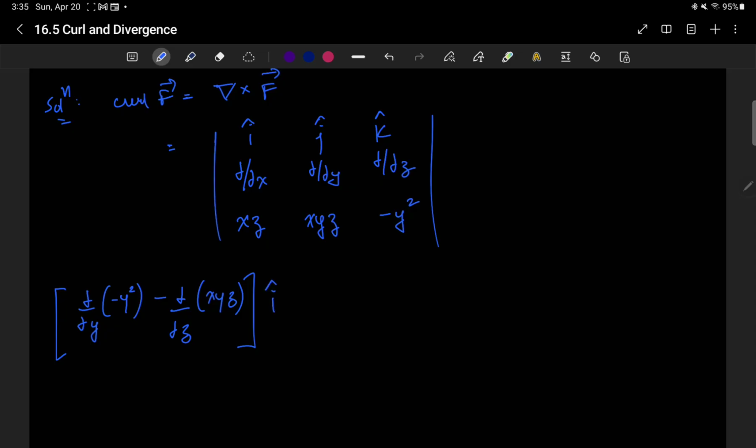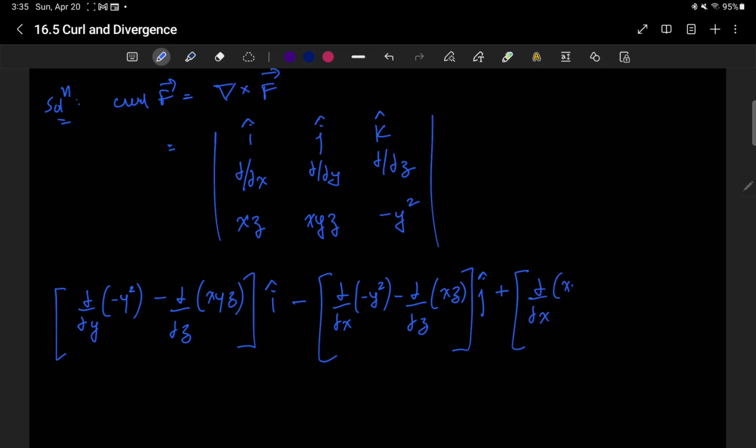So that's in the I cap direction. Minus, in the j cap direction, we have del over del x of negative y squared and del over del z of xz j cap, and lastly we have partial with respect to x of xyz and partial with respect to y of xz k cap.